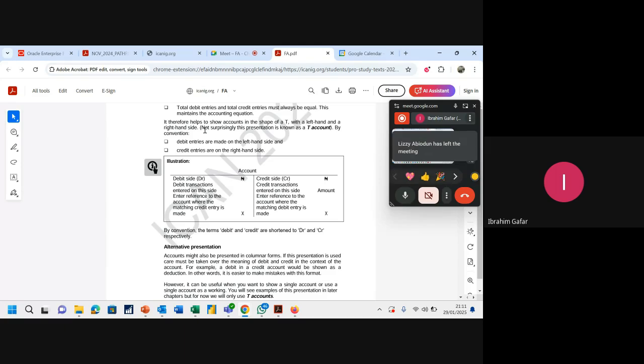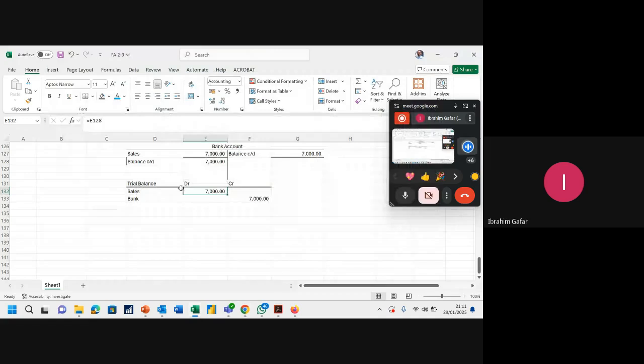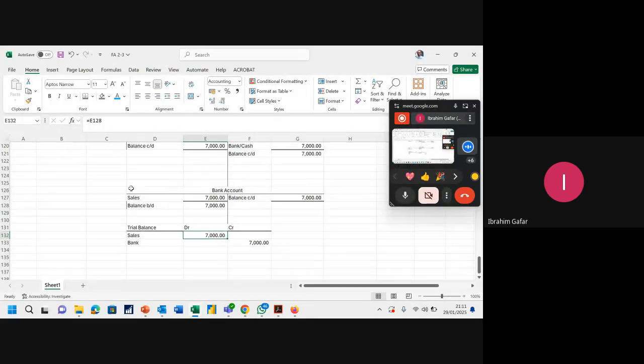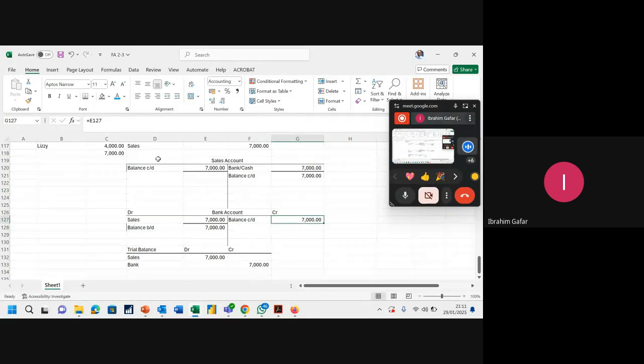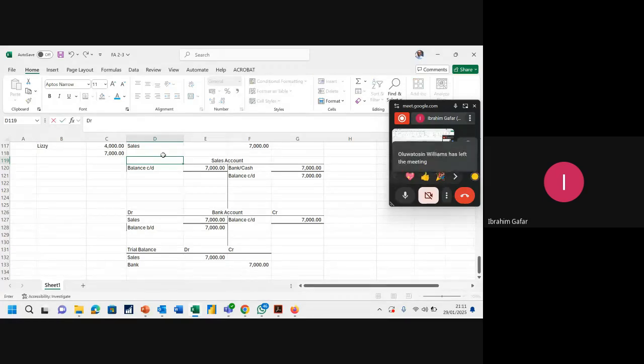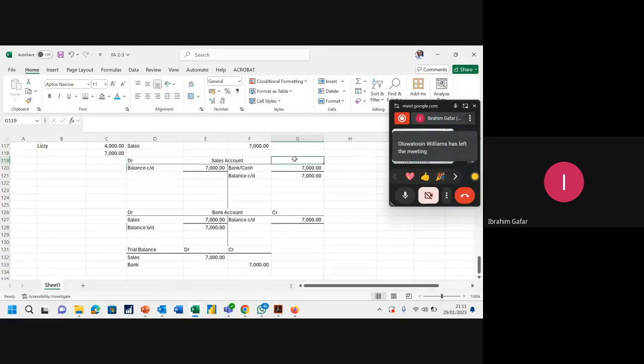Then there's something I didn't put here. I'm supposed to put debit here, then credit here. It's very important. It makes your work make sense and easy for anybody to understand.